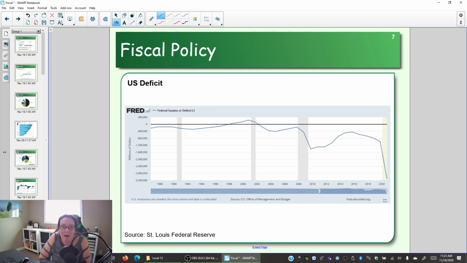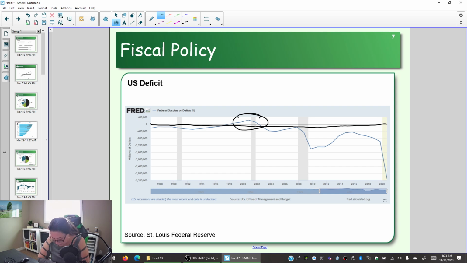Let's do a comparison to the US. This is the surplus or deficit for the federal government in the US. So if they are above that line that you see here, then they have a budget surplus, and if they're below it, they have a budget deficit. And you'll notice that there was just a couple years here in 1999, 2000, when they had a budget surplus.